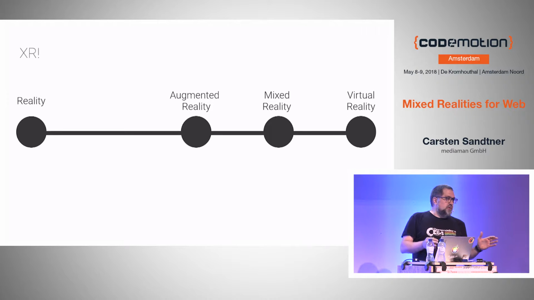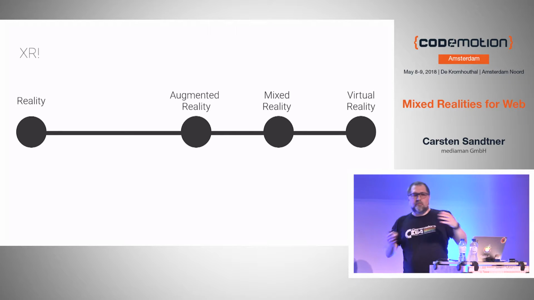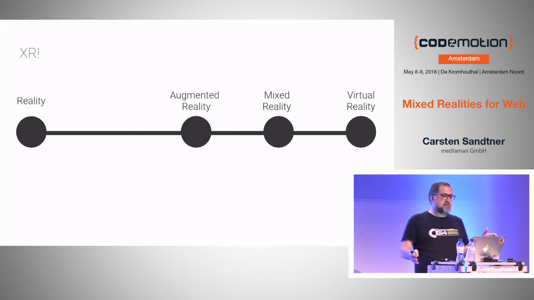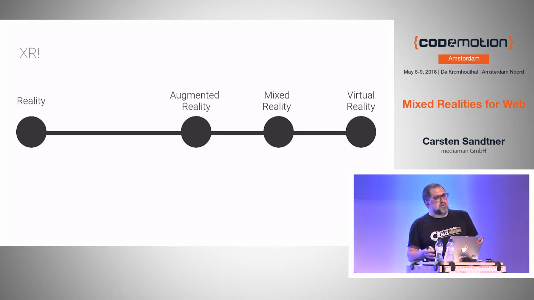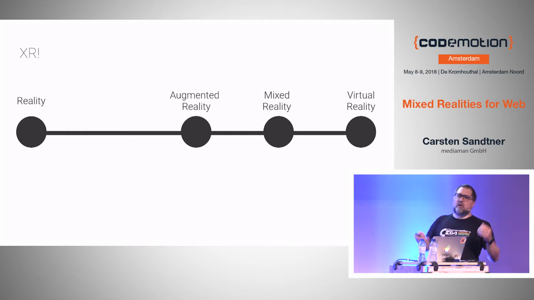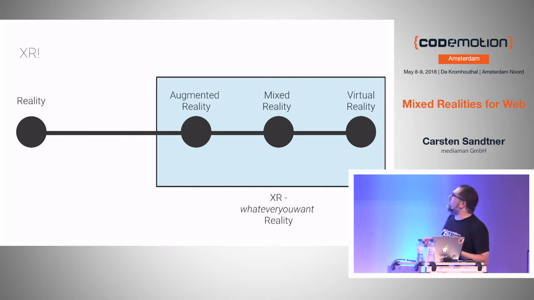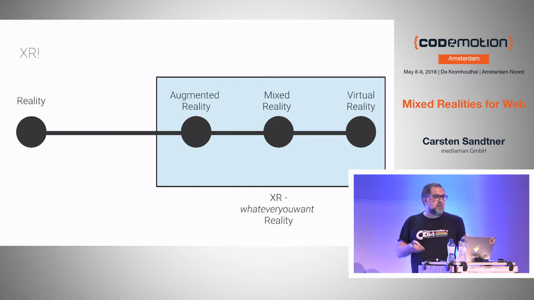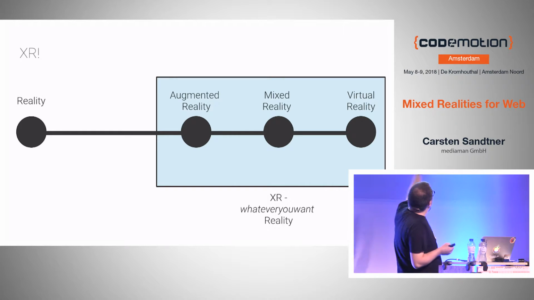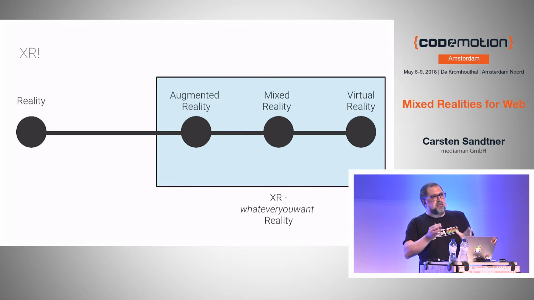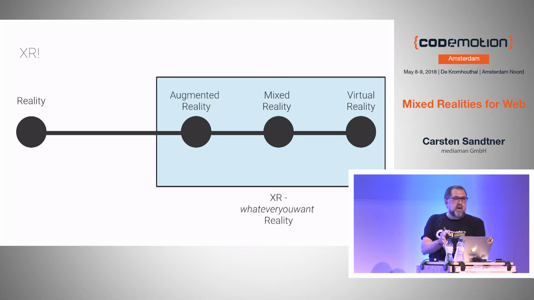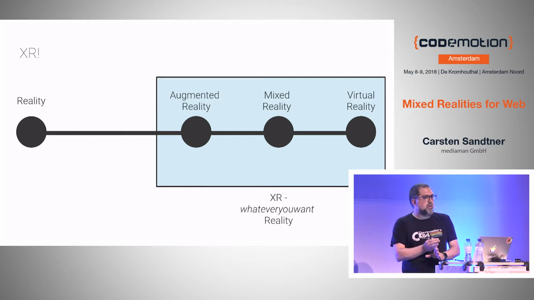There's a lot of confusion about mixed reality, augmented reality, virtual reality. So many browser vendors decided, let's call it whatever you want, XR. So it's something between these. As you see, there isn't a clear cut between VR, AR, or MR now.